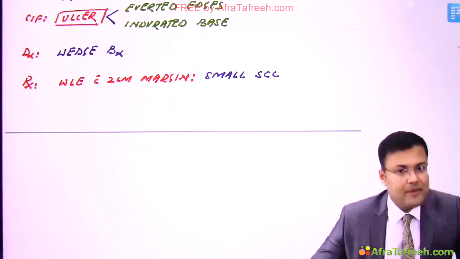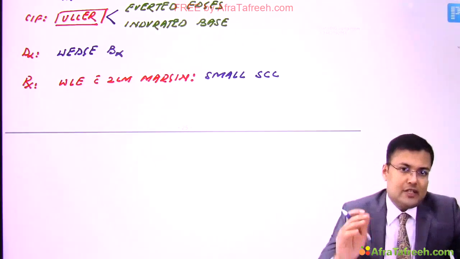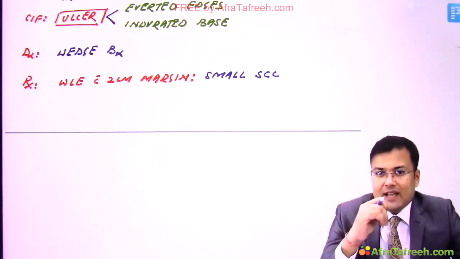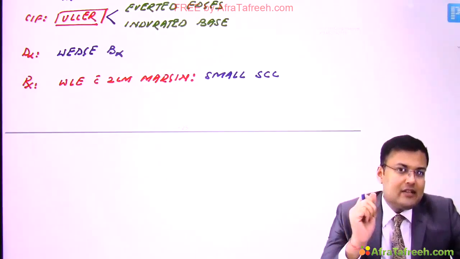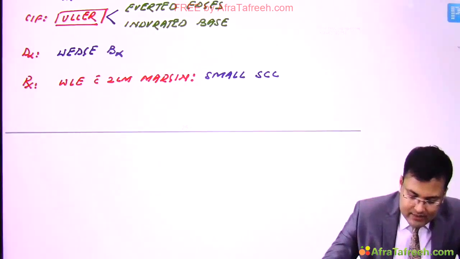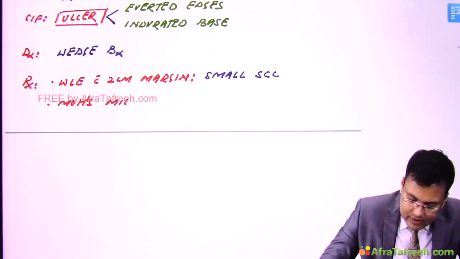squamous cell carcinoma. And if the patient is having large aggressive squamous cell carcinoma involving vital areas, cosmetic areas, or patients are having recurrent tumors, in that case we go for Mohs micrographic surgery. Clear? So the second treatment option we have is Mohs micrographic surgery.